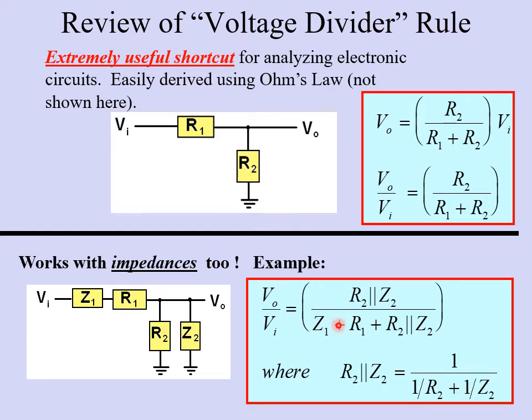And then on the bottom, we add up all the impedances. So we have Z1 and R1, which are in series, so we add them. And then we add that to this impedance, R2 and Z2, which again, of course, are in parallel. So this expression here gives us the output divided by the input voltage, and that, of course, is the frequency response. So this is the power of using this voltage divider circuit.